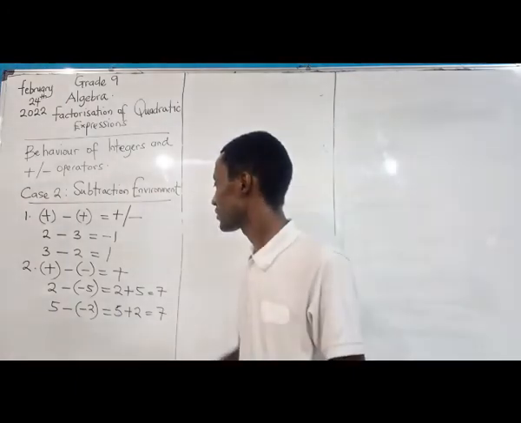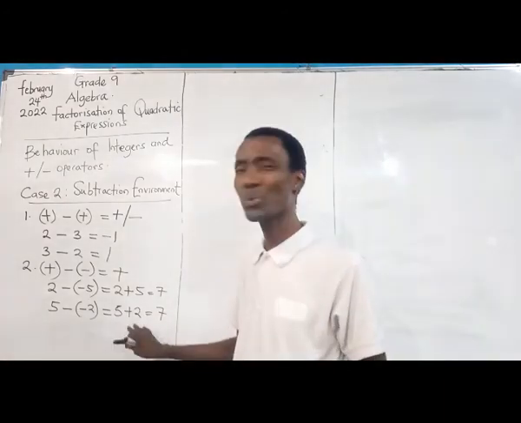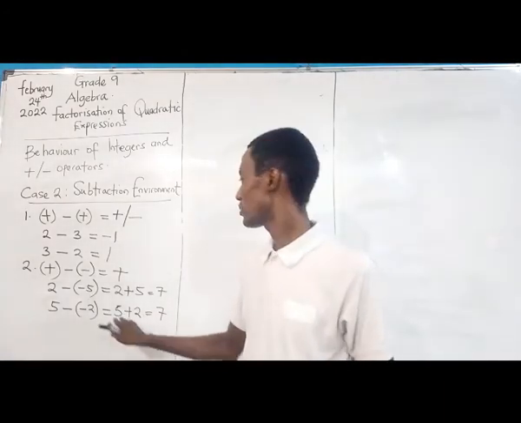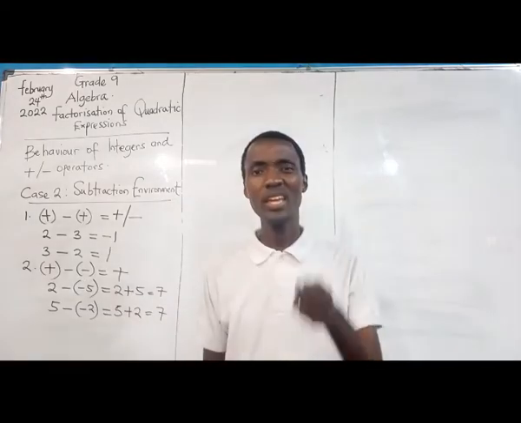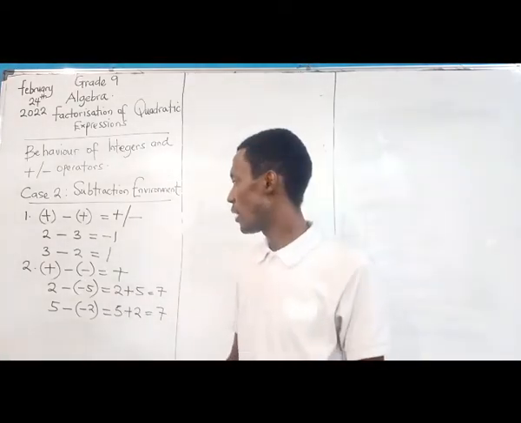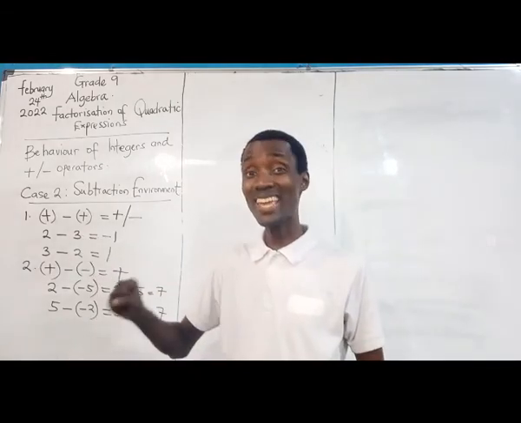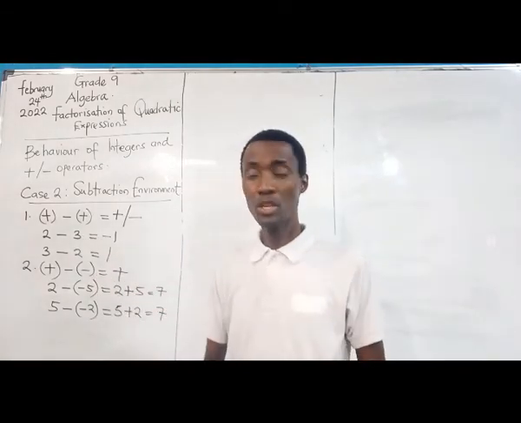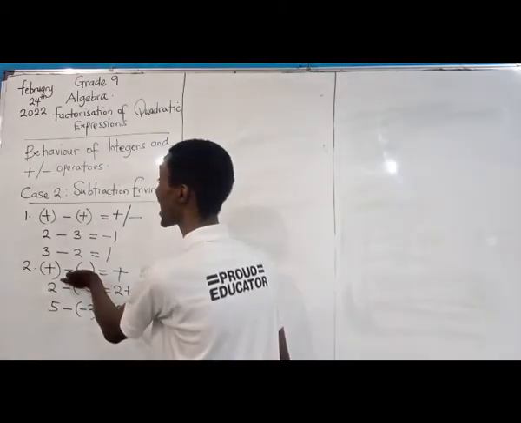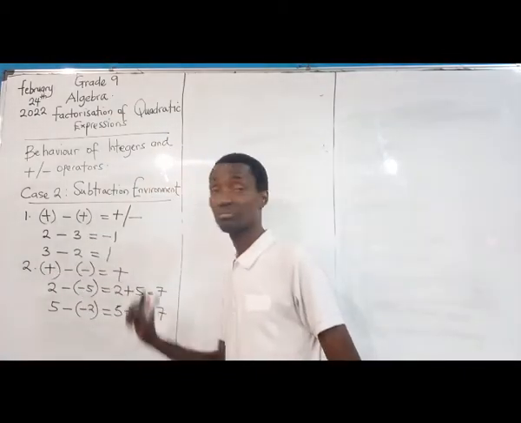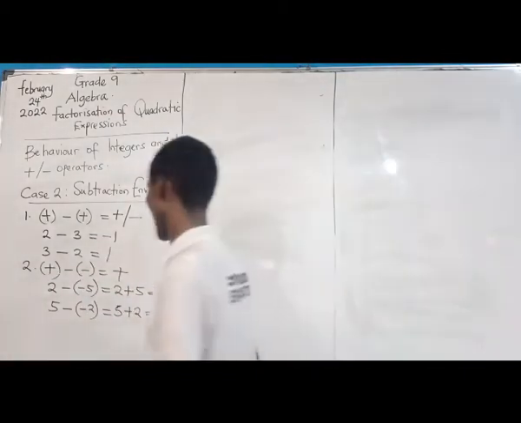What would I have? 7. That's the scenario you have here. So this is what happens when you have a negative being removed from a positive. It is as what? Adding. So the equivalence of this is adding. So this is addition. So let's keep that in mind.